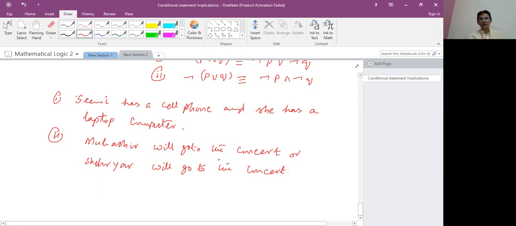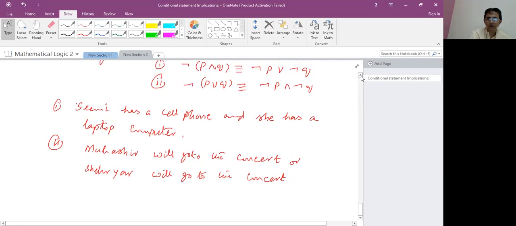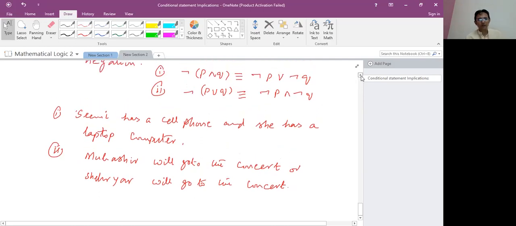So the first statement, when we convert it according to De Morgan's law, how can we write it?